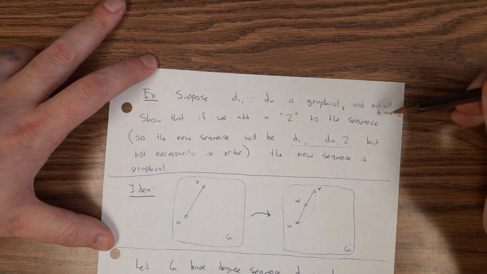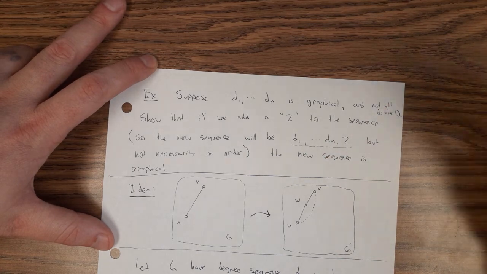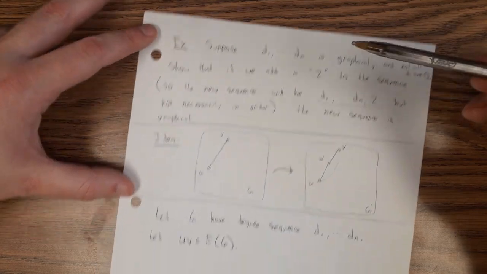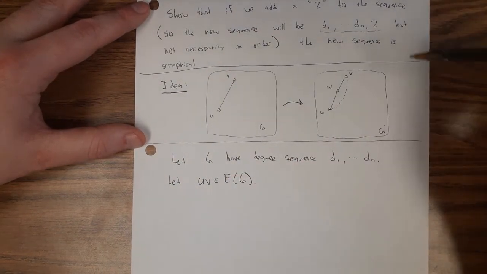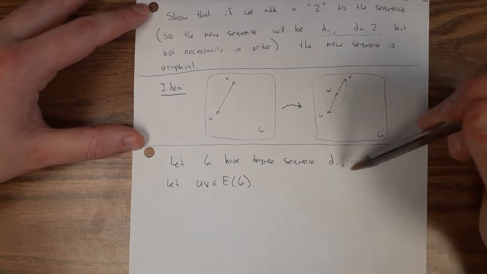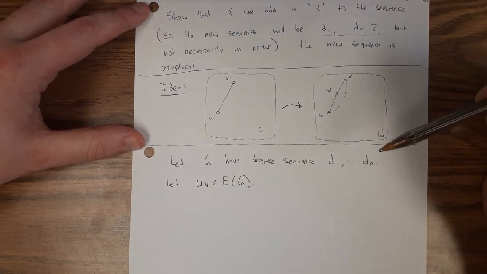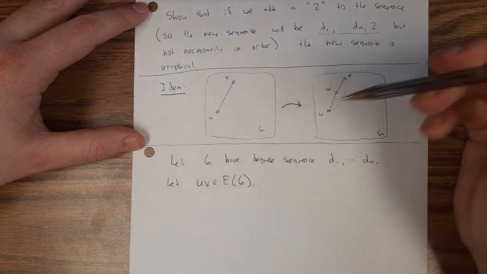If the degrees were all 0, then it would just be a graph that has no edges, and then it wouldn't make sense for me to say, let there be an edge. But the degrees aren't all 0, so there's definitely at least one edge. So let this be an edge.